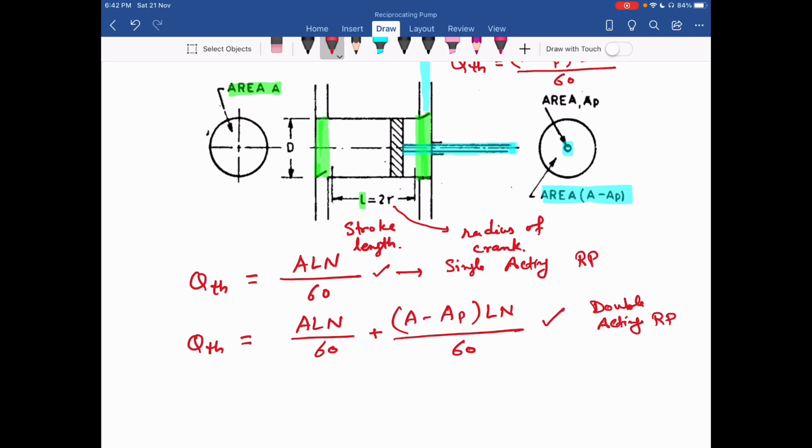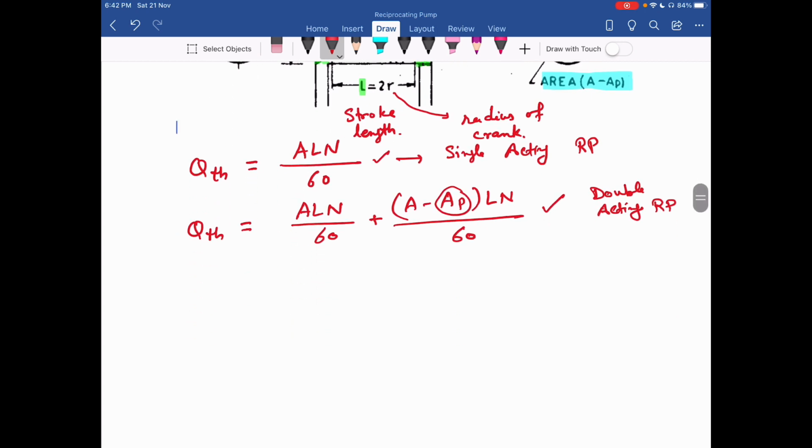Now if I neglect the area of the piston rod, that is AP, then I can write that the discharge per second is approximately equal to 2ALN divided by 60. So the discharge of a double acting reciprocating pump is twice that of a single acting pump.